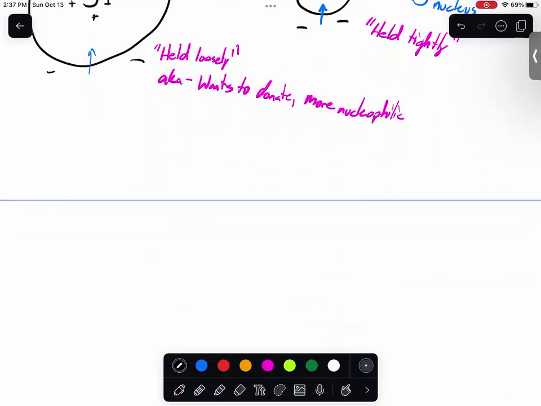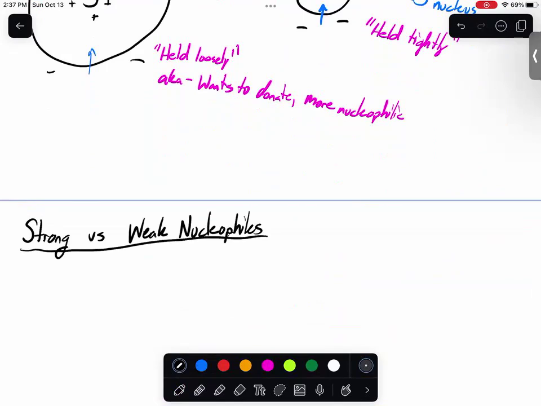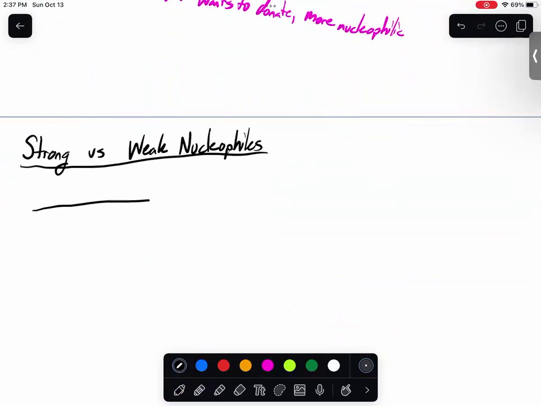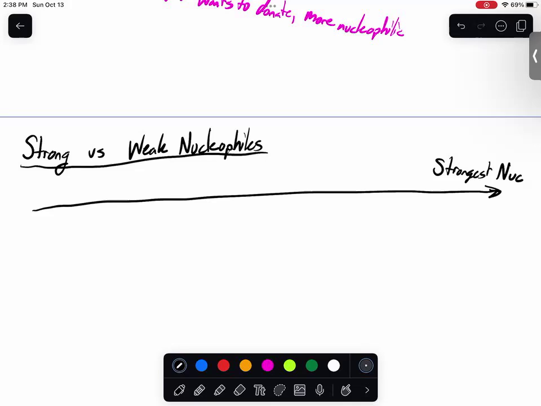Okay? So this brings up an important distinction that we have to make here. And that is this idea, we're going to call it strong versus weak nucleophiles. All right? Because we have a scale of nucleophilicity, and it ranges, we'll do from left to right, where the right-hand side is going to be our strongest nucleophile, which I'll be abbreviating NUC. So anytime you see NUC, that means nuke or nucleophile. And then on the left side, we'll have our weakest nucleophile. So on the strong side, we're looking at these things that are usually negatively charged, right?